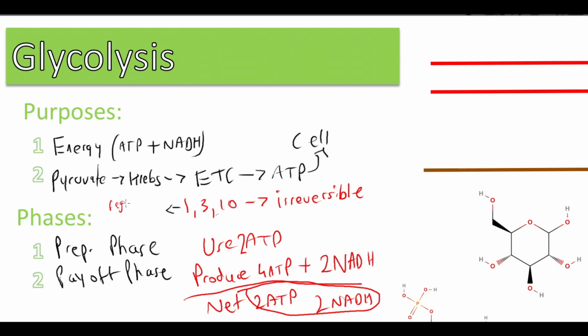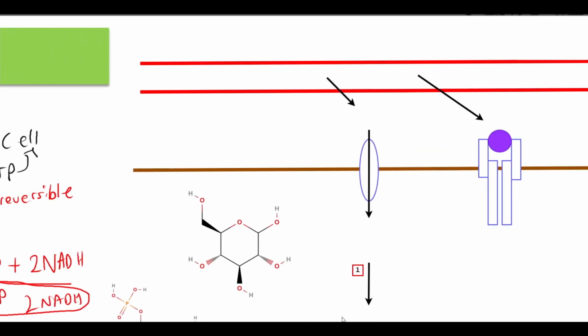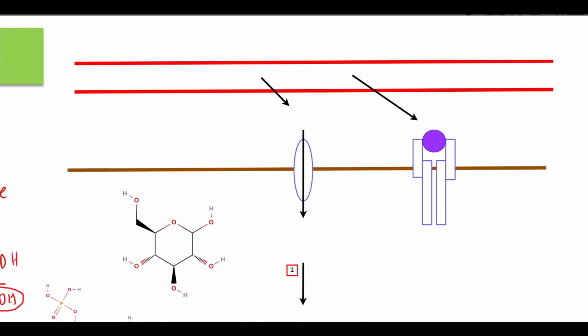So the enzymes in these steps are regulated, and the regulation is based on the needs of the cell, the energy needs of the cell, the molecule needs of the cell, and etc. Now we can move on to the first phase of glycolysis and look into it more deeply.